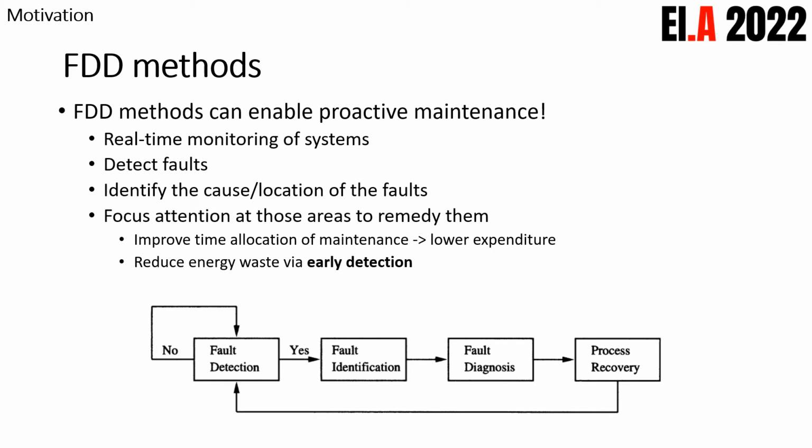We can then focus attention on those areas and send out a maintenance crew to figure out what is wrong with the system and fix it. This improves the time allocation of the maintenance crew, which in turn lowers the expenditure, and we can reduce the energy waste via this early detection instead of it being there for a long time.